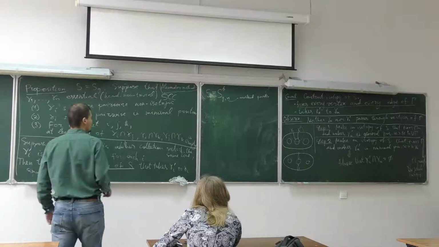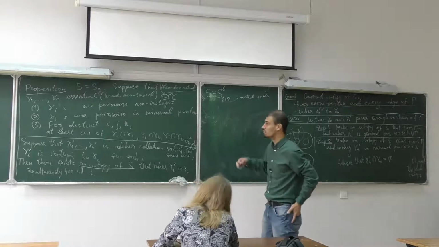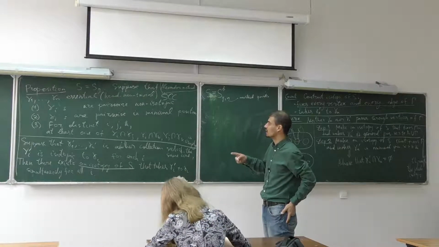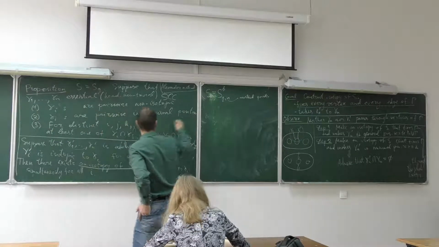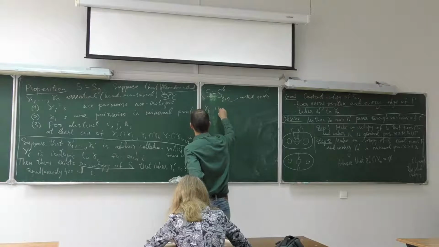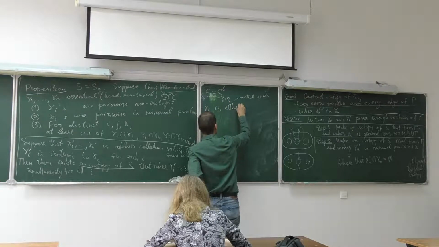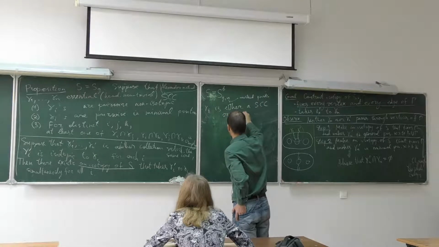So in this situation, the same proposition is also true, and moreover, we can consider these gamma 1, ..., gamma n, each of them being either a simple closed curve or an arc.